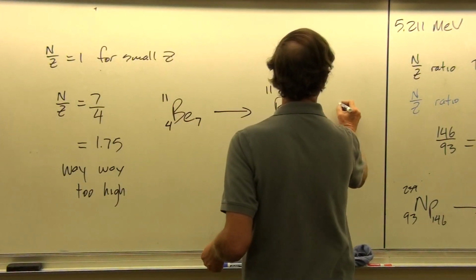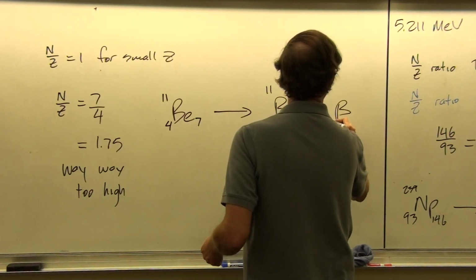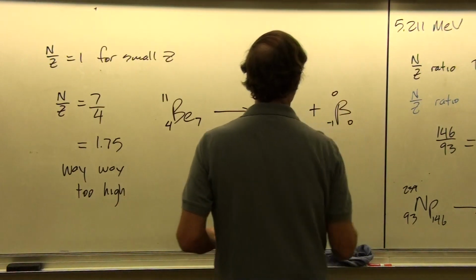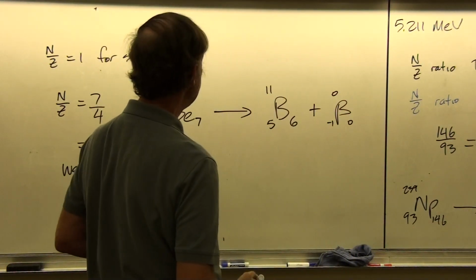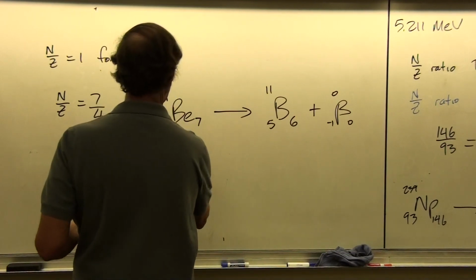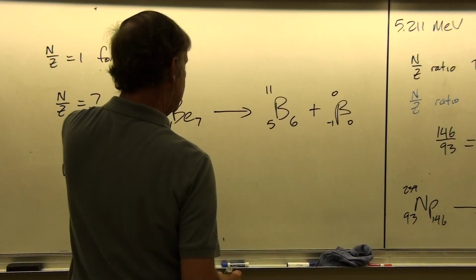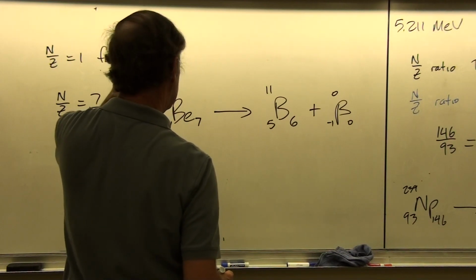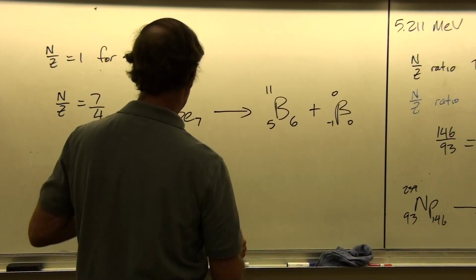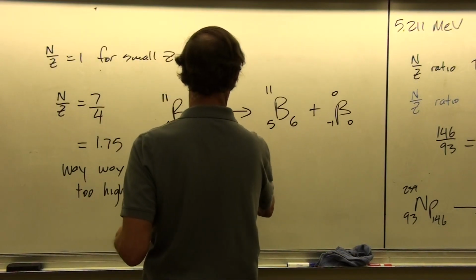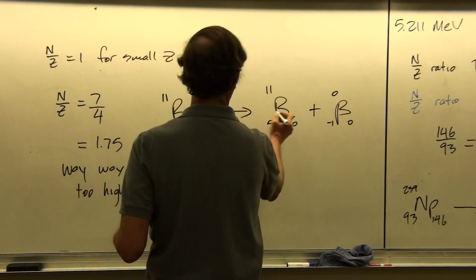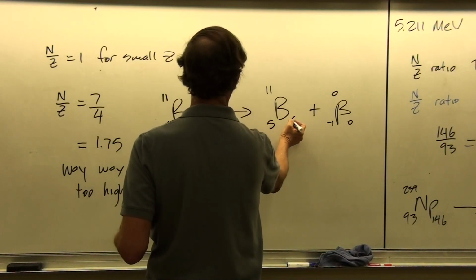And so this will be plus a beta particle that is emitted. So then we can calculate the Q value for this reaction. This has a natural tendency to want to go this way, okay?